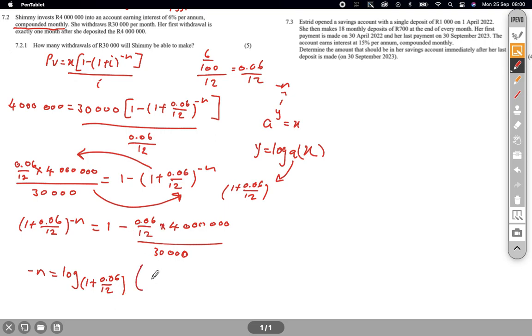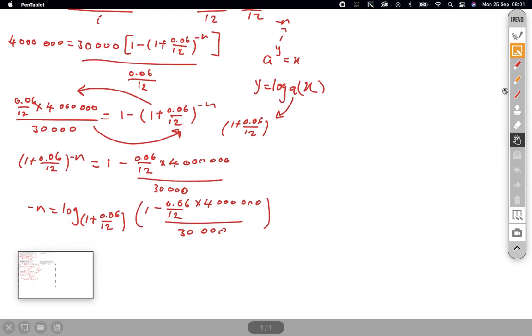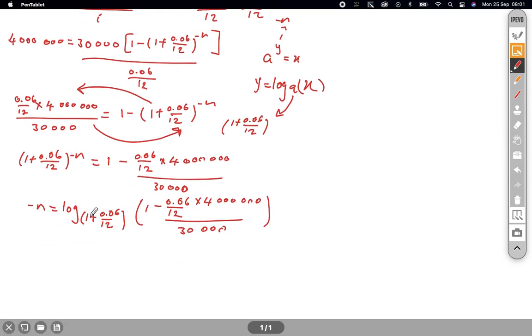and then, okay, now this should give you negative n is equal to negative 220.27, and you divide both sides by negative.